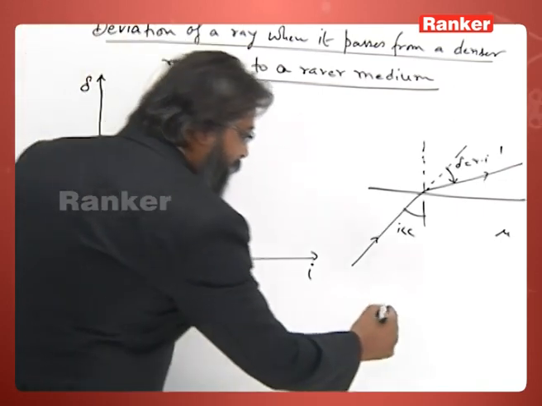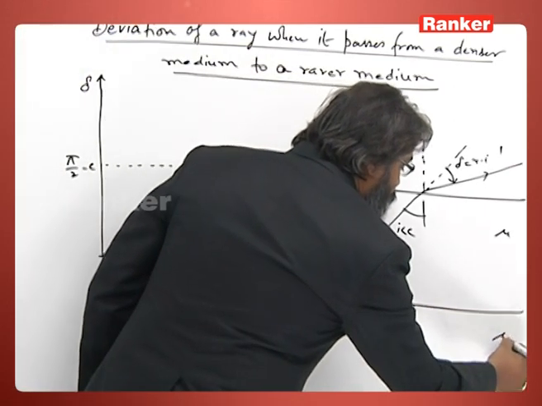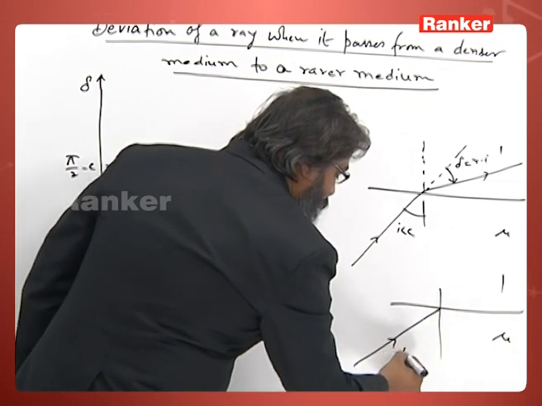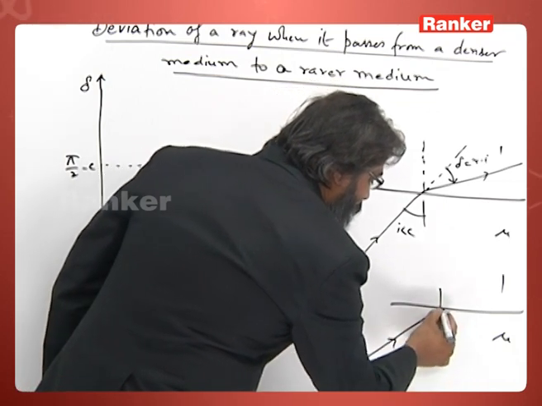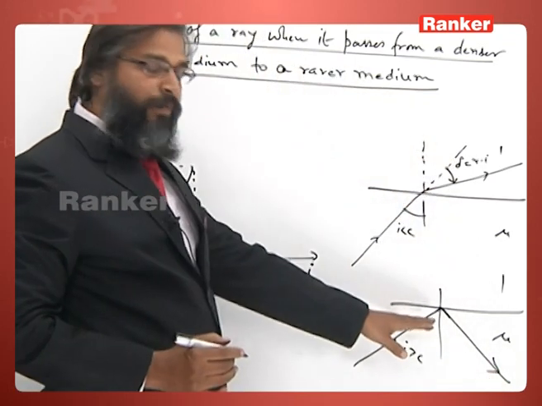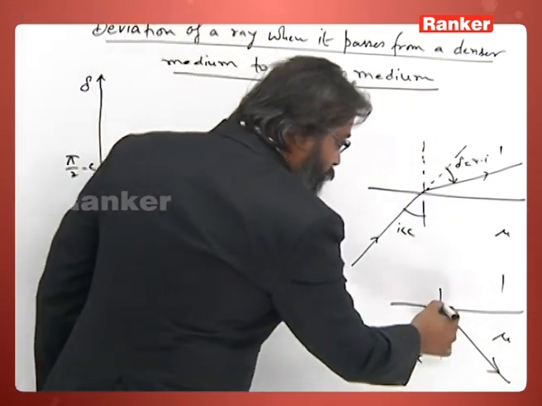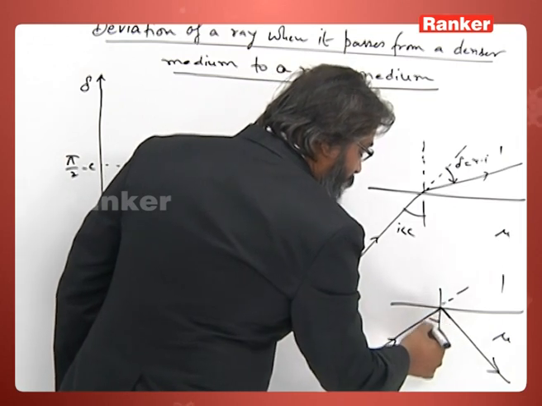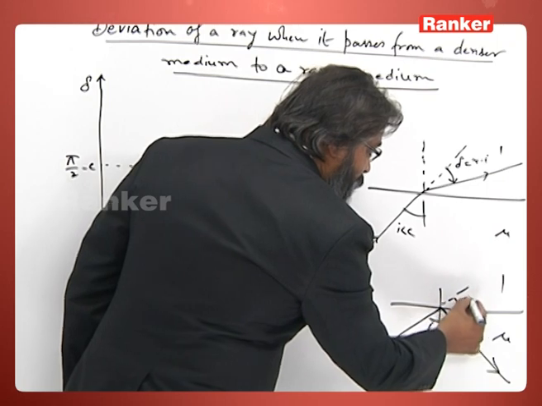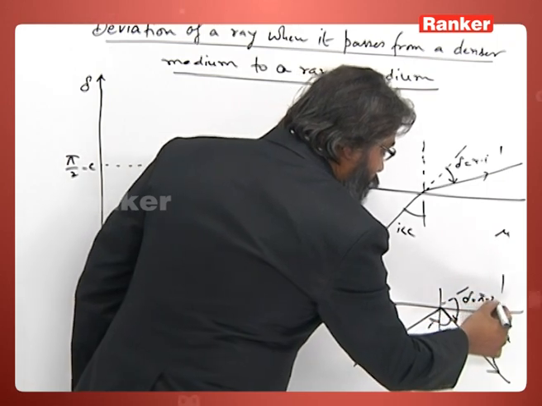Next, when this I is greater than the critical angle, the ray simply reflects, and total internal reflection takes place. Suppose this is I, this will also be I. So the deviation is pi minus 2I.